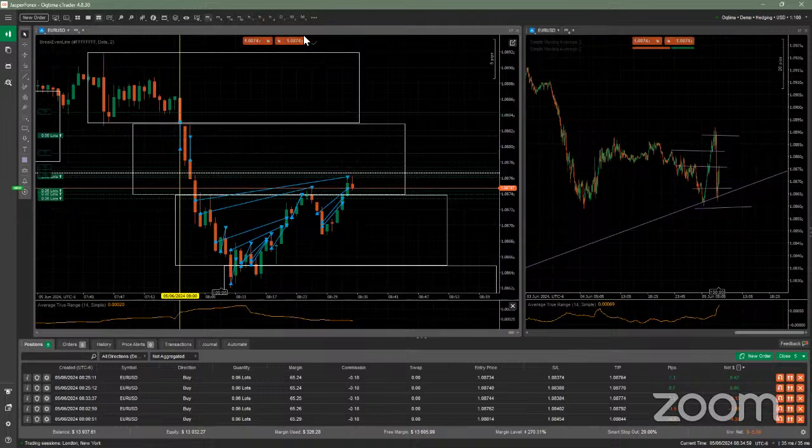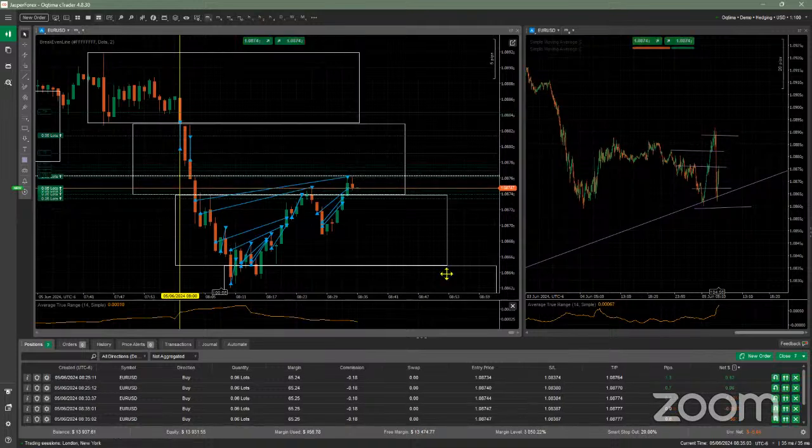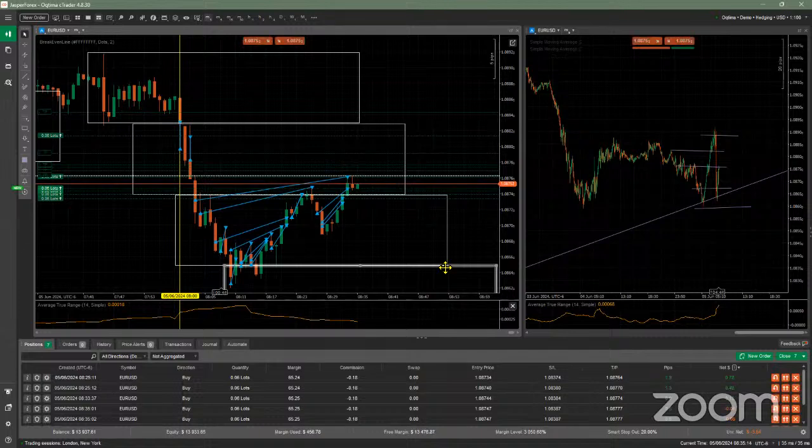Red candle. 1, 2. A little more, a little more.